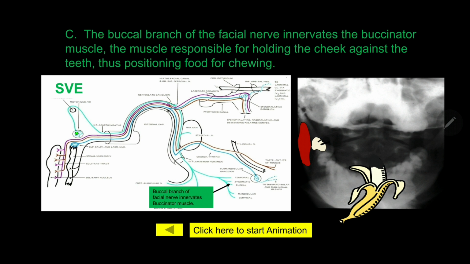Look here again how the impulse starts from the main motor nucleus of the facial nerve, courses along the facial nerve, and through the buccal branch reaches there and pushes the food in between the teeth. Got it?